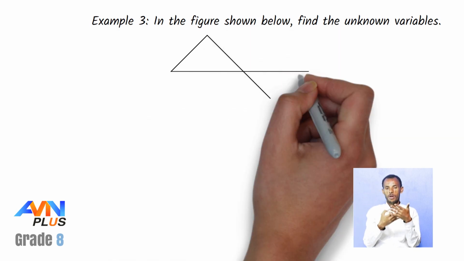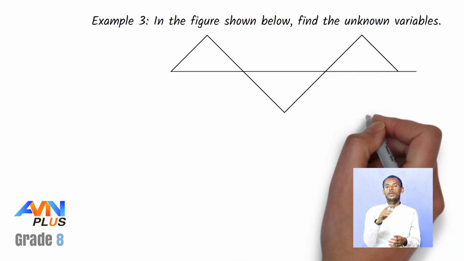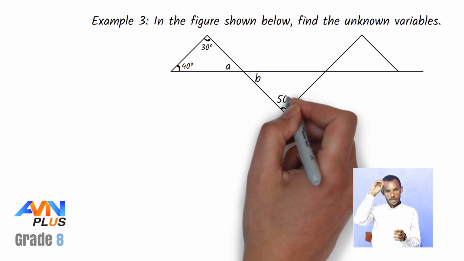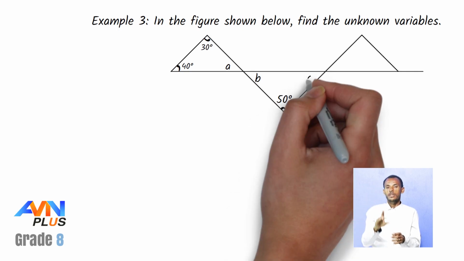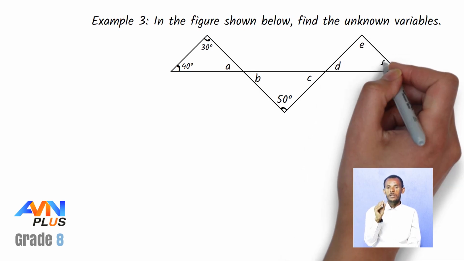Somewhere here there is an exterior angle. Say this angle is 40 degrees and this is 30 degrees, and this angle is A, this is B. Say this is 50 degrees, this is C, D, E, F, and 100 here.